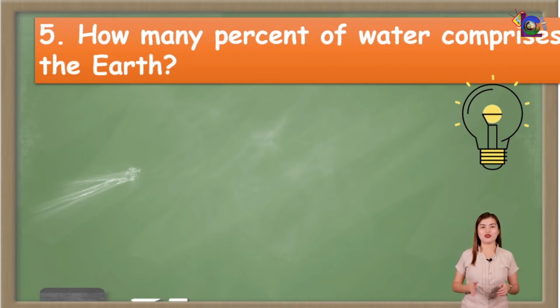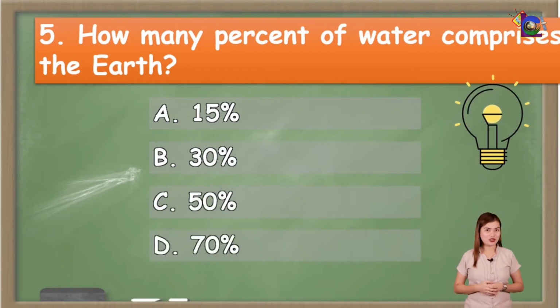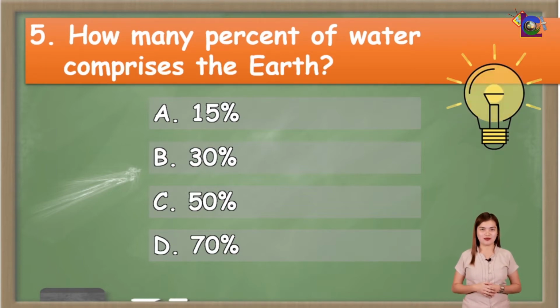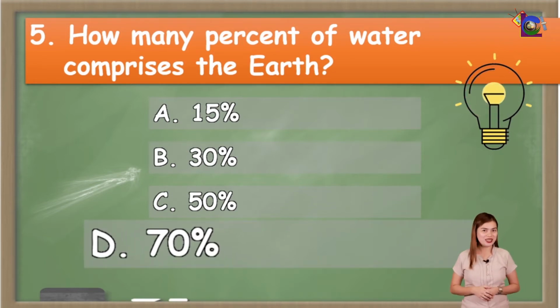How many percent of water comprises the earth? Is it A, 15%, B, 30%, C, 50%, or letter D, 70%? The correct answer is letter D.